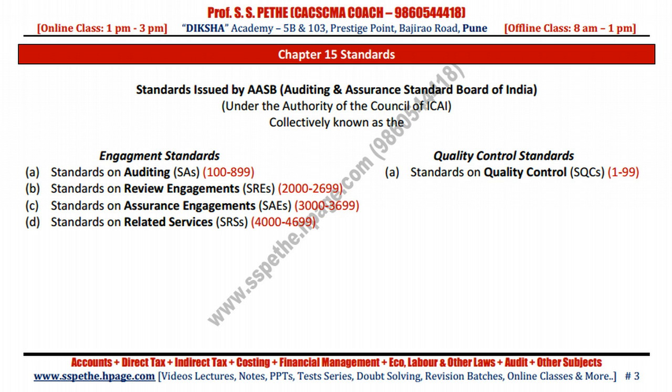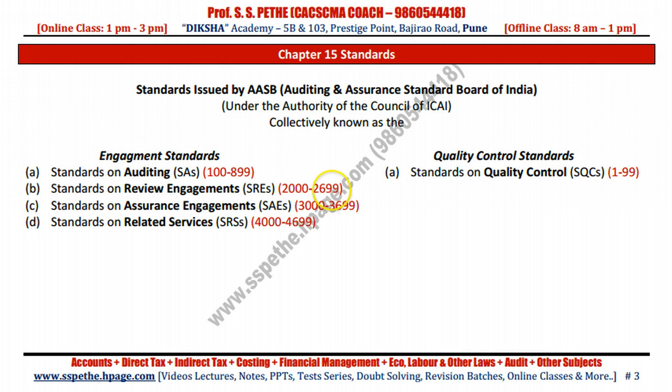Now, apart from shortcuts, the standards board has also issued some codes for each type of standards. For example, standards on auditing 100 to 899. These are the codes which will be used for standards on auditing. Standards on quality control, code 1 to 99.